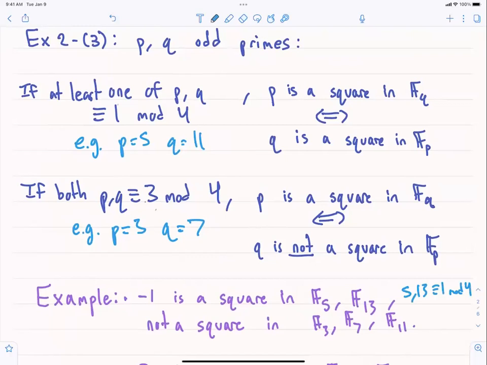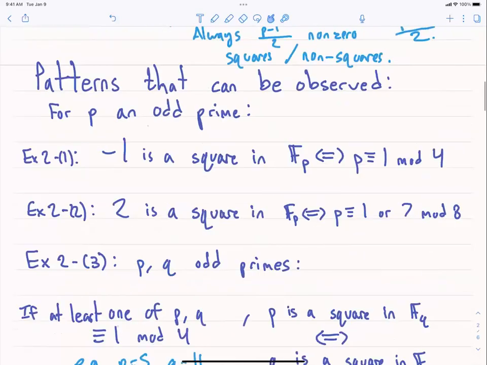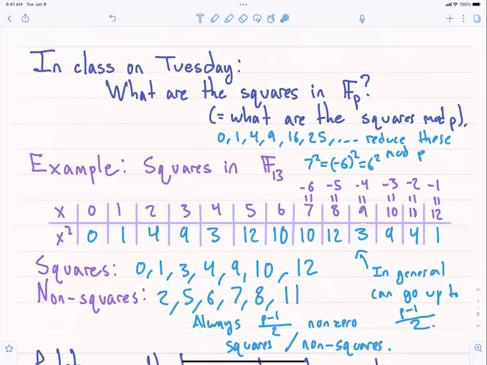When p is 5, minus 1 is congruent to 4 mod 5, which is 2 squared. So that verifies that. For F_13, we've already done that: in mod 13, minus 1 is 12, and we saw that 5 squared is equal to 12 mod 13. So that checks out.